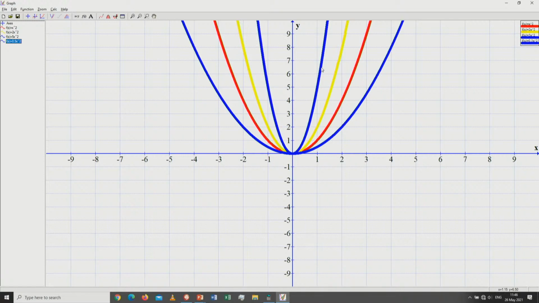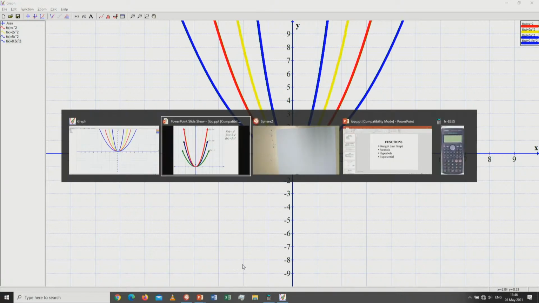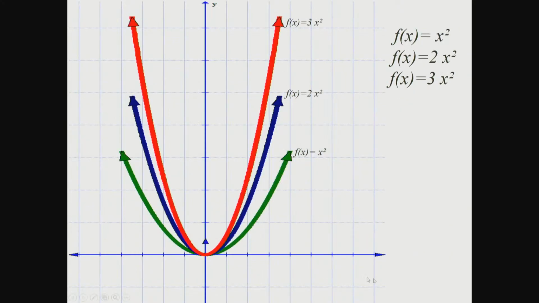Please keep that in mind. If a is bigger, the graph gets closer to the y-axis. But if a is smaller, then the graph moves away from the y-axis. Keep that in mind. Very, very important. This is the observation that we have seen.